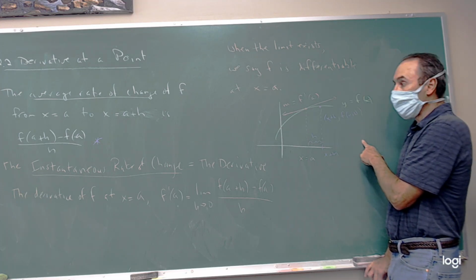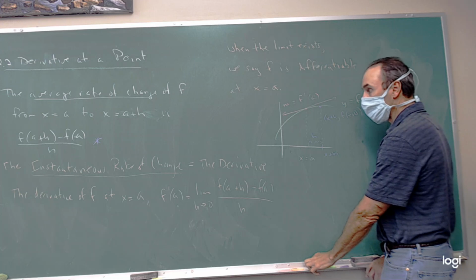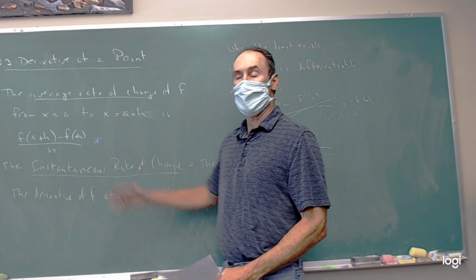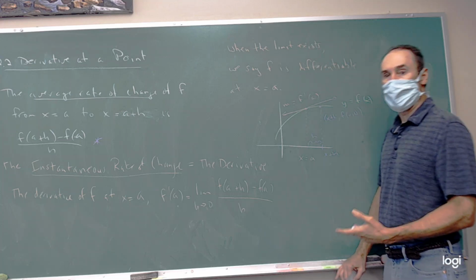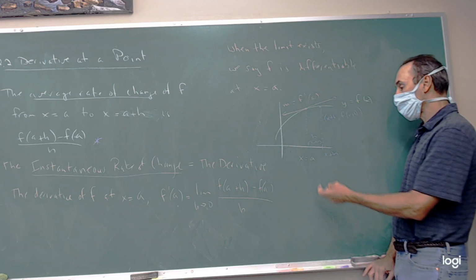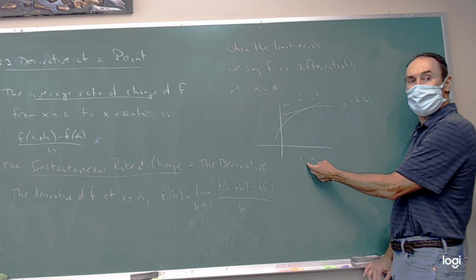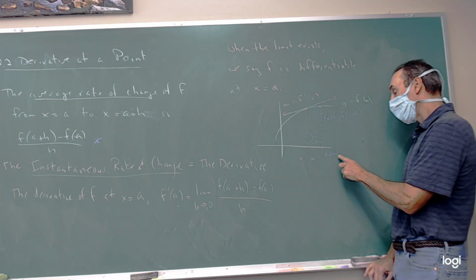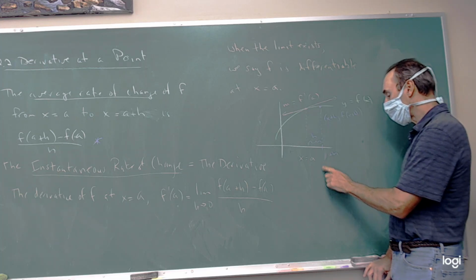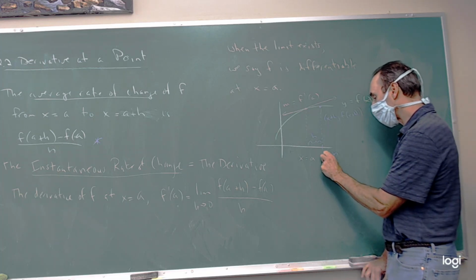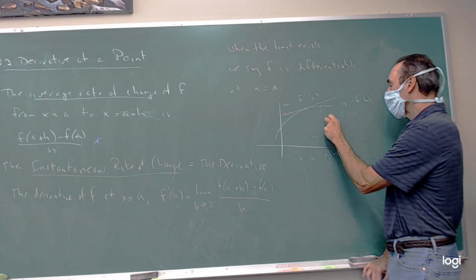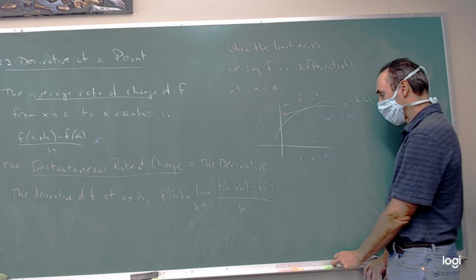And so what we were seeing in the case of the average rate of change, we're talking about the average rate of change of that function between x equals a and x equals a plus h. Sorry about that, I didn't write that right. Let me back up there. Call that a plus h. Sorry, fix that. Okay, we'll try it again.